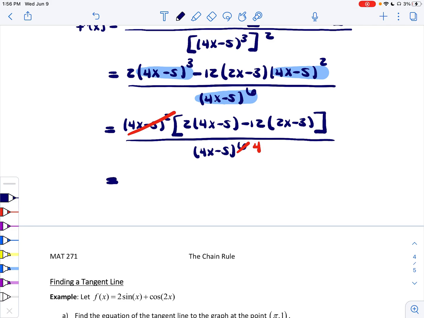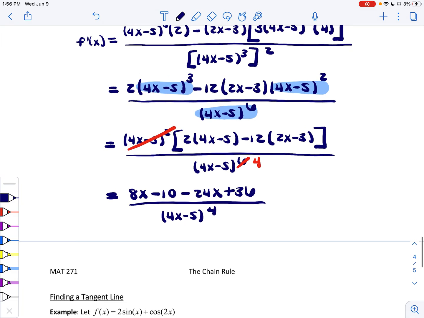All right, and then let's just simplify inside these brackets here. So we can distribute that 2 in, which gives us an 8x minus 10. Distribute your 12 in, so minus 24x plus 36, all over 4x minus 5 to the power of 4.